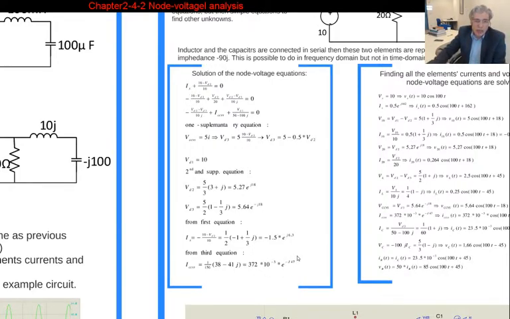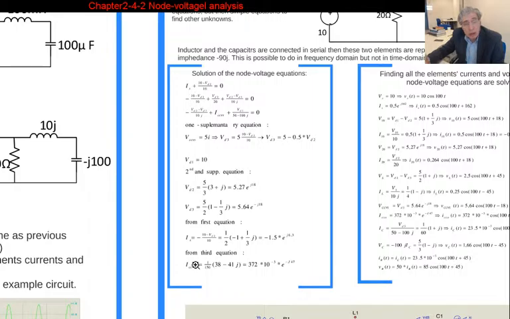So what we have done by using the node voltage method, we have found the node voltages, and apart from that we also found the IS independent voltage source current phasor, also the dependent voltage source current phasor as well.